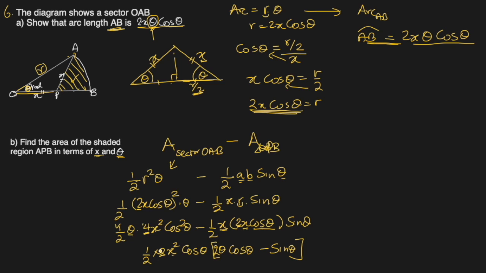Now we can cancel this 2 and this 2. The simplified version is x square cos theta times 2 theta cos theta minus sin theta. Can we simplify this further? No. This is the area in terms of x and theta.